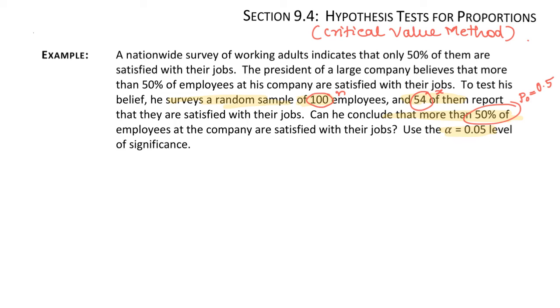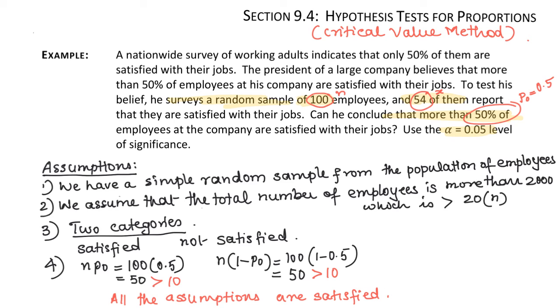So first check for the assumptions. We have a simple random sample from the population of employees. We assume that the total number of employees is more than 2000. So n is 100, so 20 times 100 is 2000, so the population is more than 20 times the sample size.